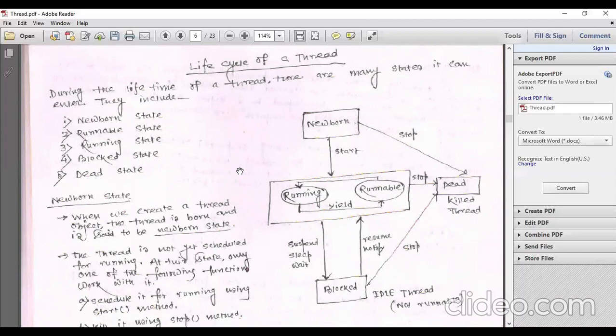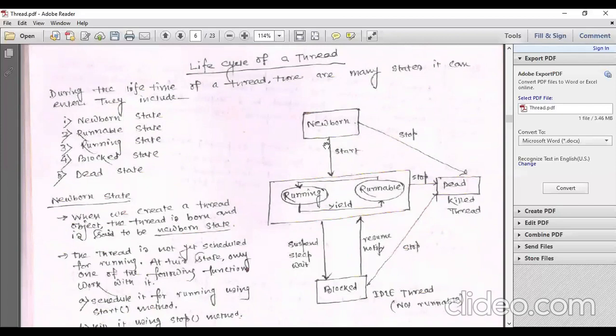Fine. So let me explain the concept with respect to this diagram. When I am creating an object of a class that extends the Thread class, that is the newborn state of a thread.